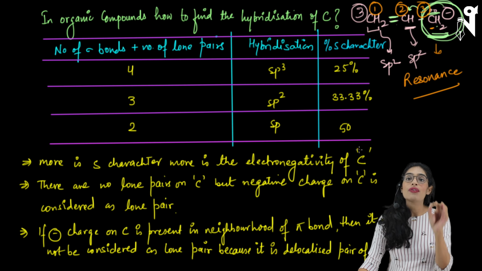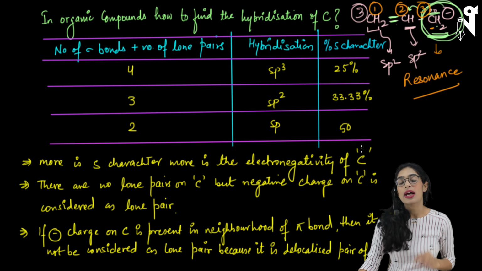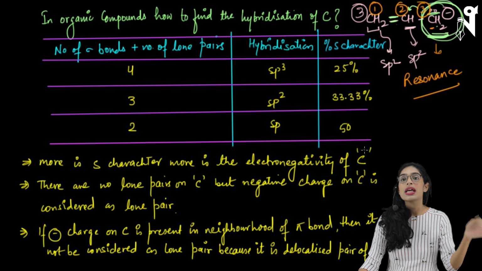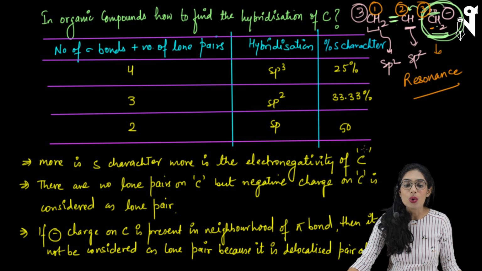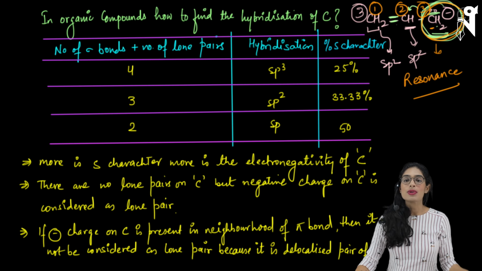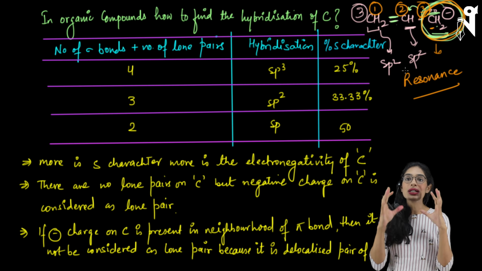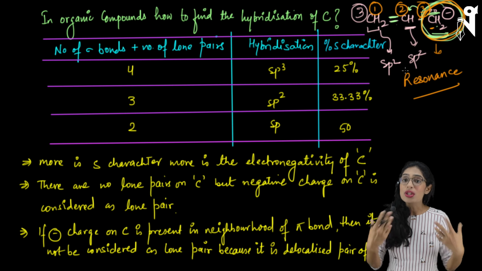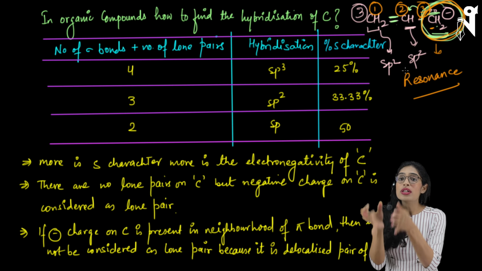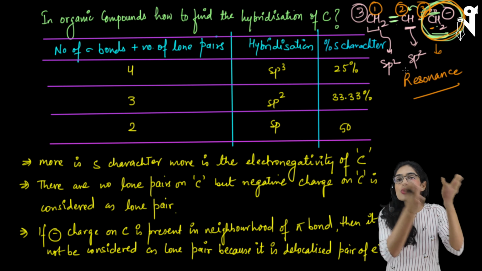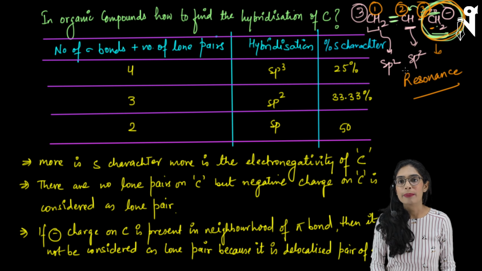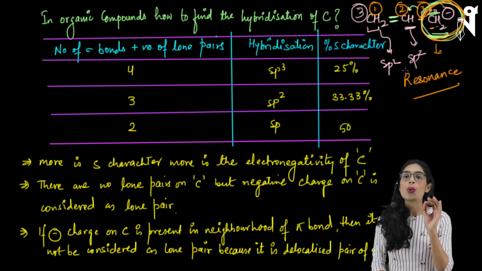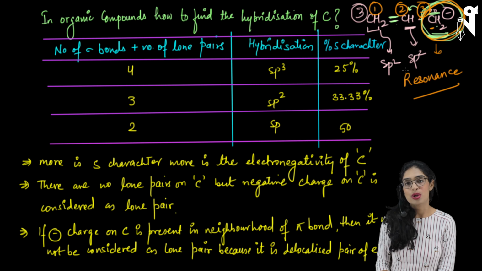And any pair of electrons which is delocalized is not considered a lone pair of that particular carbon. So right now it looks like on carbon 3 there is a pair of electrons causing the negative charge, but in the actual situation that pair is not going to stay with that carbon. It is going to travel to some other carbon after some time, and that is the reason why we cannot consider it for the hybridization.